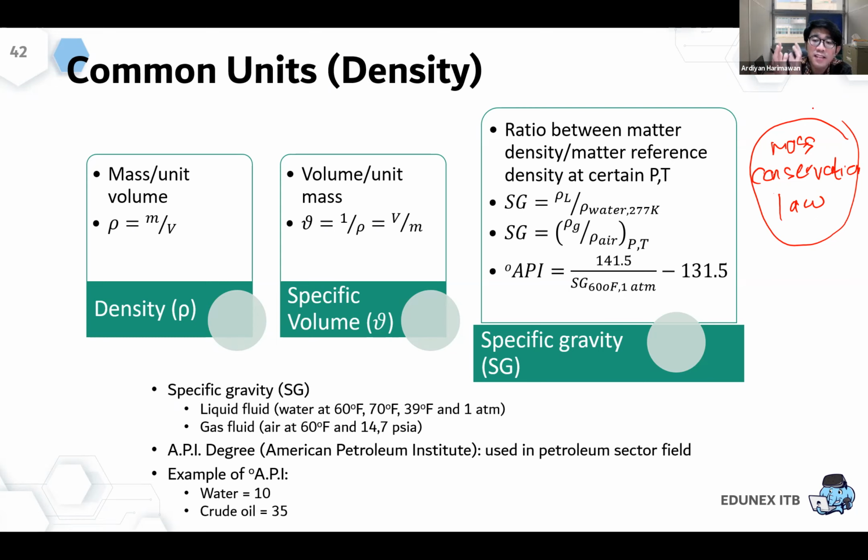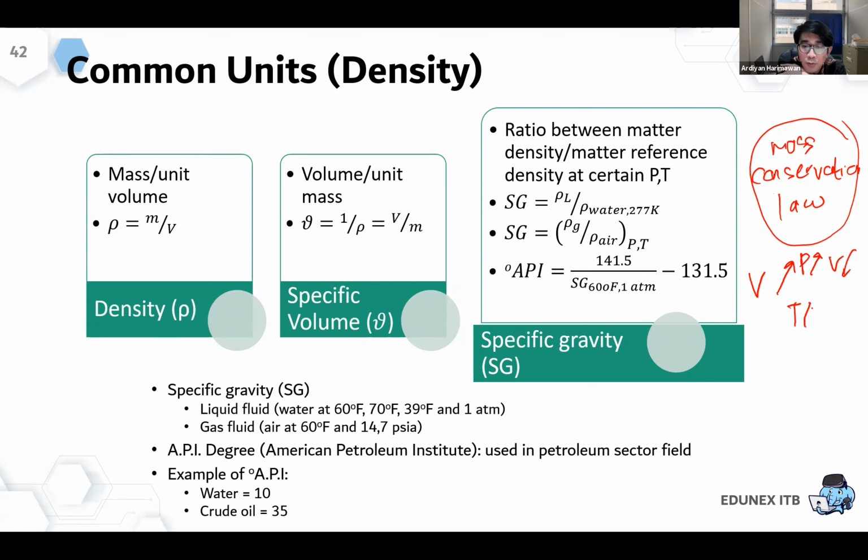Massanya akan tetap. How about the volume? It will change. If you increase the pressure, the volume of the substance will decrease. Generally, if you increase the temperature, the volume of the substance will increase. Ya, jadi kalau tekanan dinaikkan, volume akan turun.